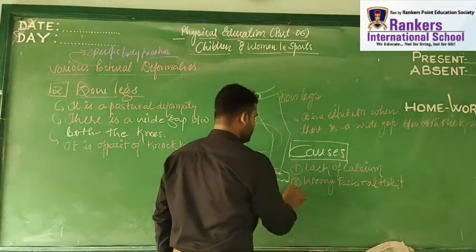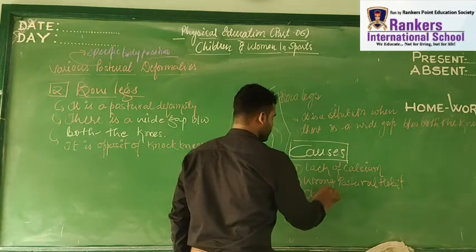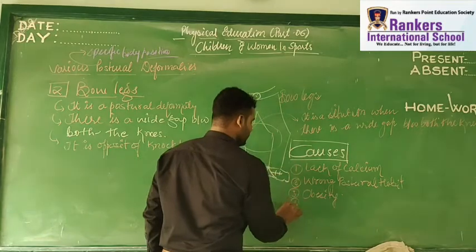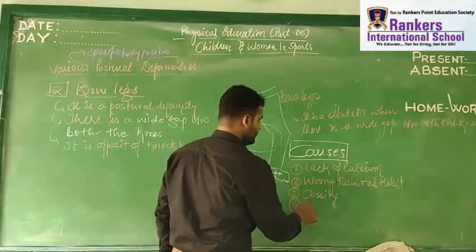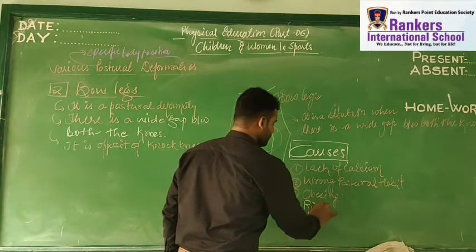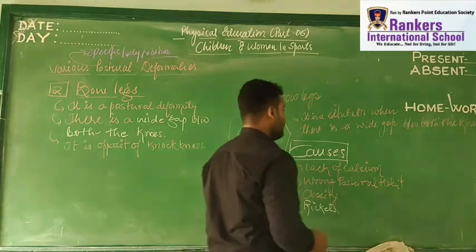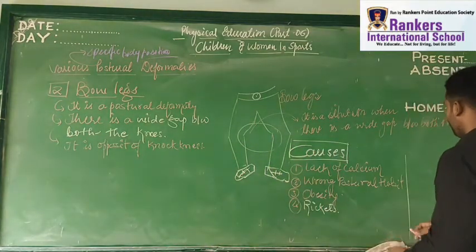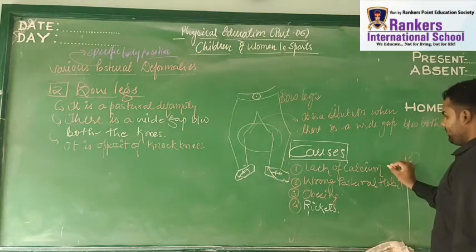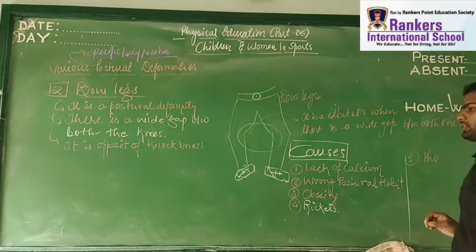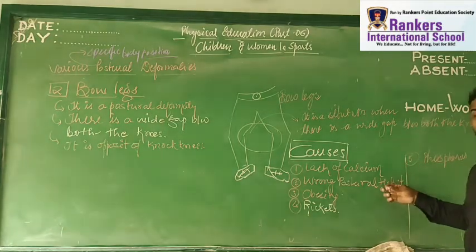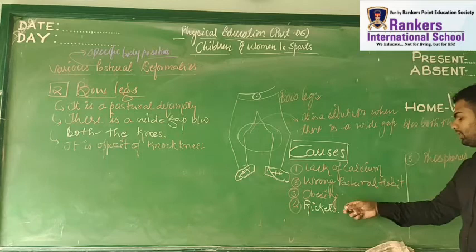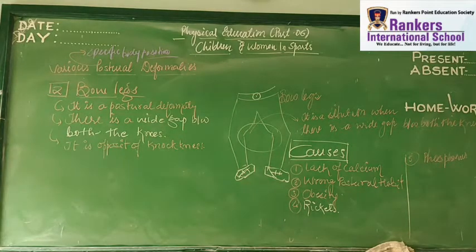Third is obesity. After obesity, it may be a rickets problem. Then we have lack of phosphorus in the body. So lack of calcium, wrong postural habits, obesity, rickets, and lack of phosphorus lead to bow legs.